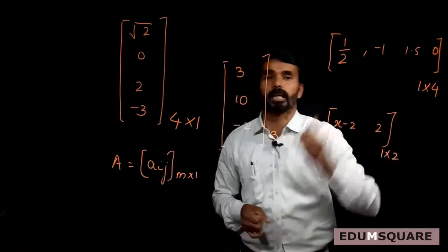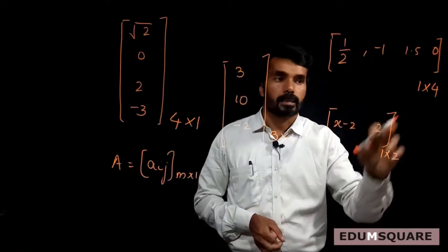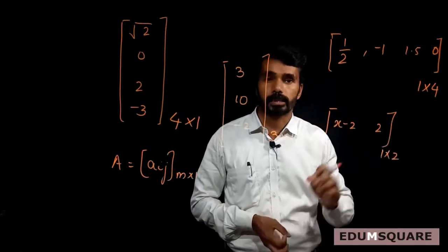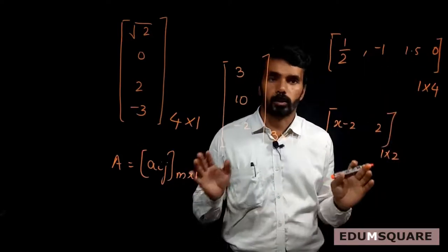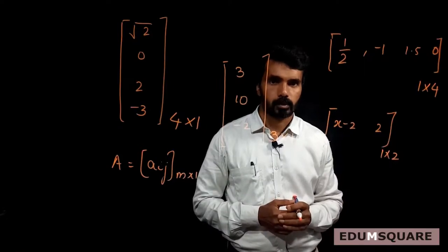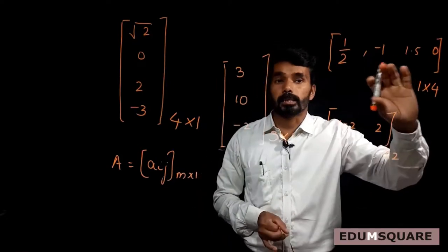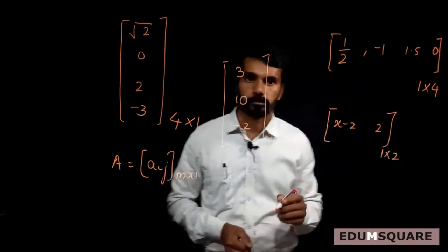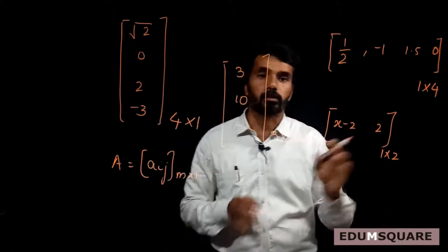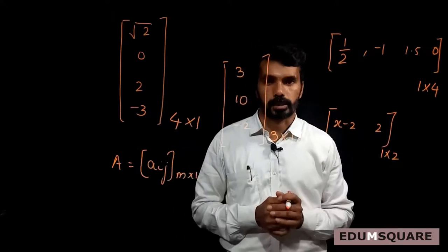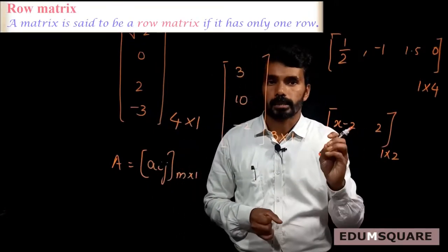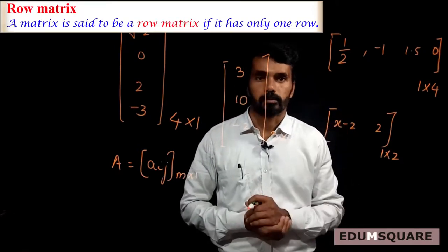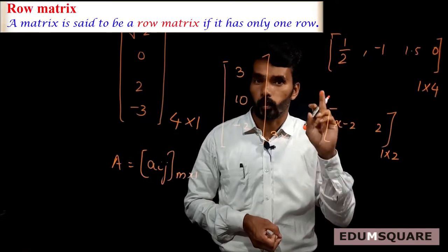So from these two examples, we see that there is only one row. For both these matrices, only one row is there. So these types of matrices are known as row matrices. That is, a matrix is said to be a row matrix if it has only one row.